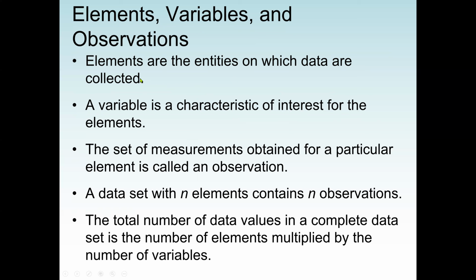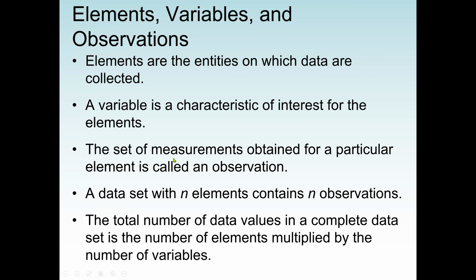An example of an element can be a patient or a customer. Then a variable is a characteristic of interest for the elements. So in terms of a customer element, one of the characteristics can be customer last name or customer address. These will be variables.